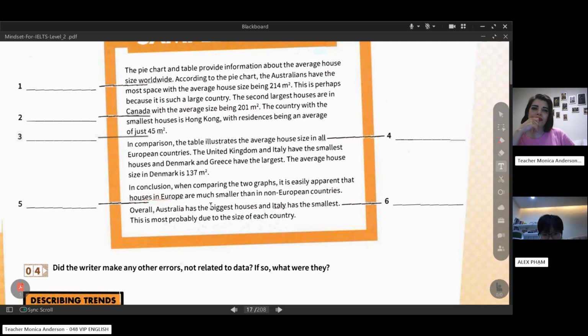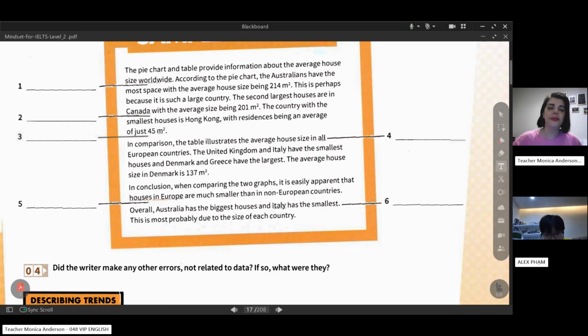table illustrates the average house size in all European countries. The United Kingdom and Italy have the smallest houses, and Denmark and Greece have the largest. The average house size in Denmark is 137 square meters.